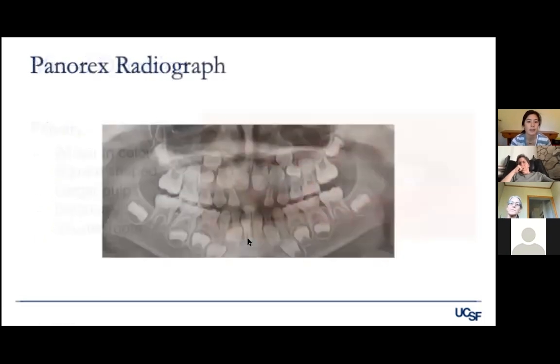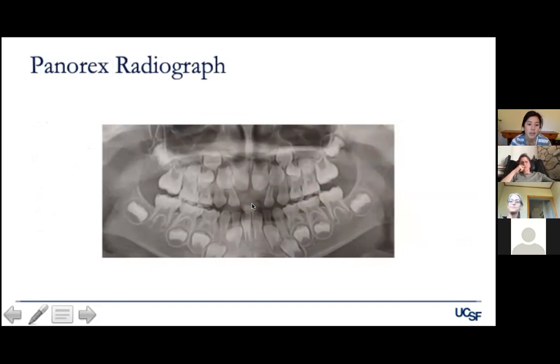This is a picture of a full mouth x-ray, just to show a patient in mixed dentition. You can see these little buds of teeth developing behind the baby teeth. It's really cool because the baby teeth roots will start to shrink away and resorb as the permanent tooth comes in, and as the permanent tooth comes in, the roots start to develop.